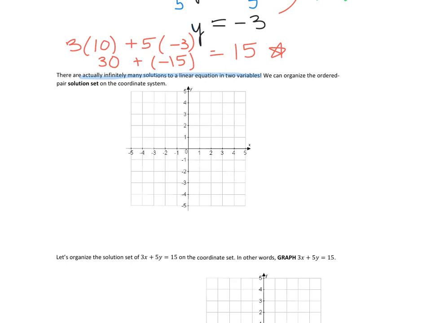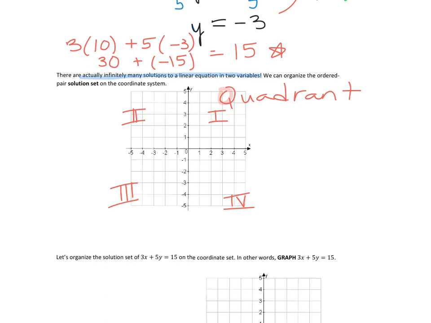Let's remind ourselves of some things. This is our coordinate system. It's made up of quadrants. You count the quadrants counterclockwise. So 1, 2, using our Roman numerals, 3 and 4.